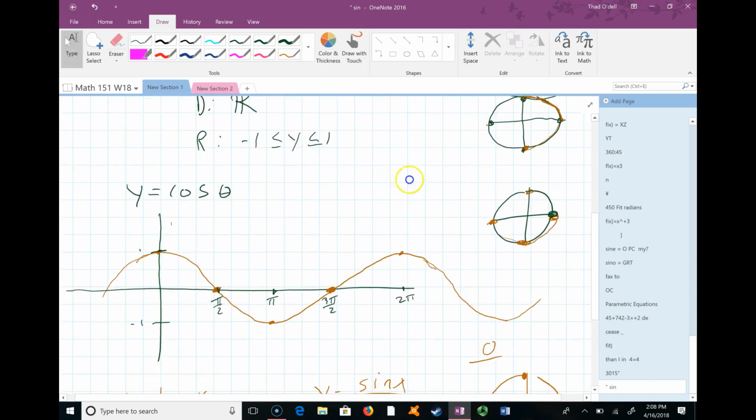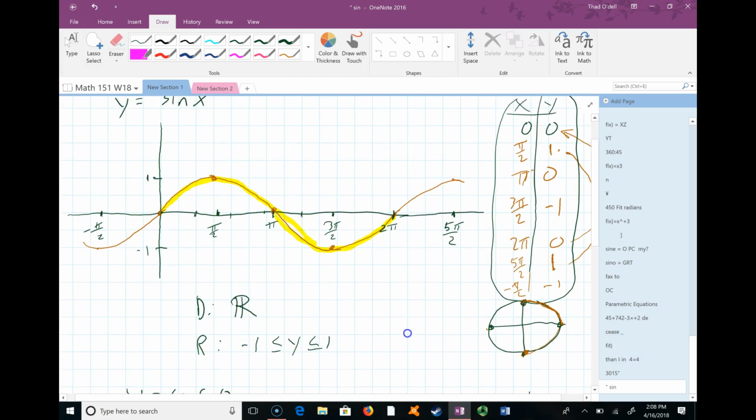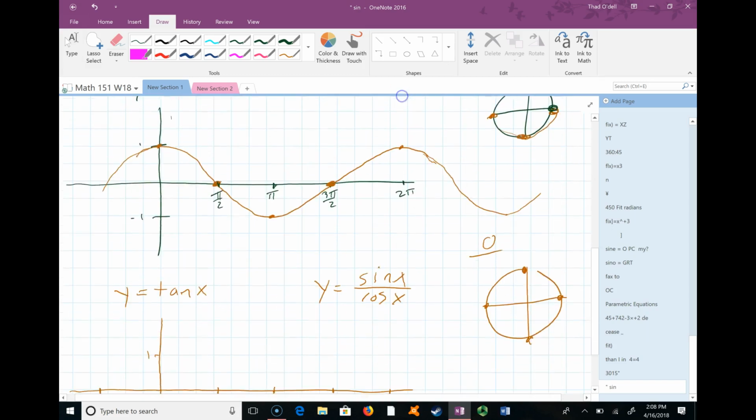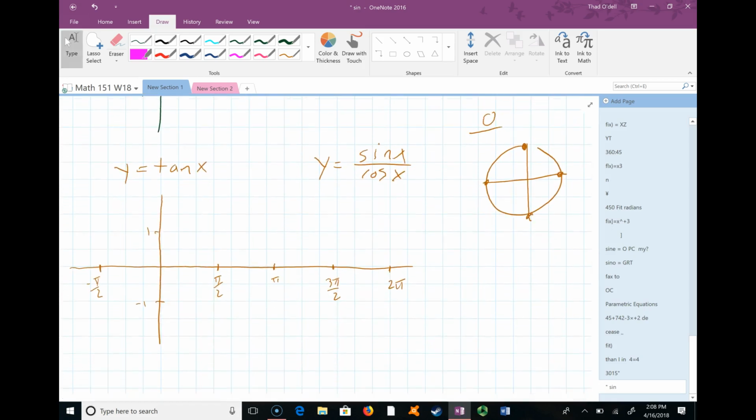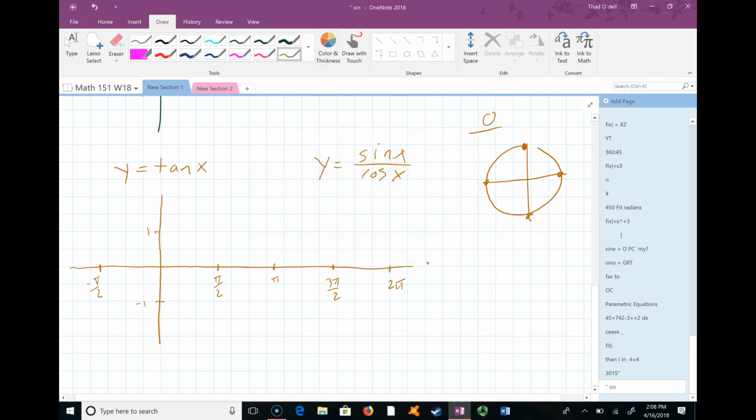So if I scroll back up to the sine curve, sine is 0 at 0, pi, 2 pi, etc. So that means the tangent is going to be 0. Let me change my color again. Let's go with green. So when sine is 0, tangent is 0. So tangent would be 0 at 0, pi, 2 pi, and if I went the other way, it'd be negative pi. Okay?